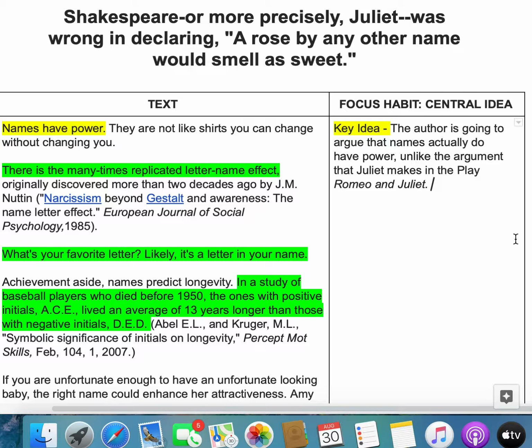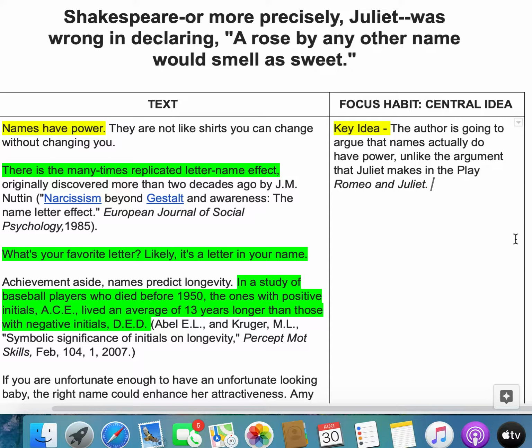All right, so to find a central idea, what we want to do is figure out what the author is arguing to add to the key idea, and where in the text the author adds details about this. Central ideas usually span across multiple paragraphs. So let's take a look at the next few paragraphs here.